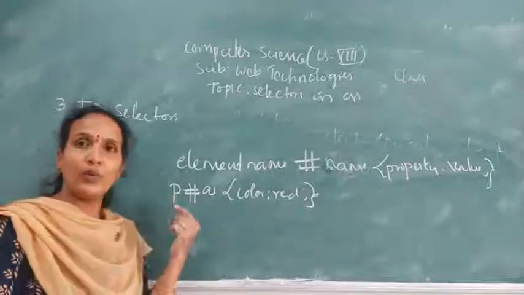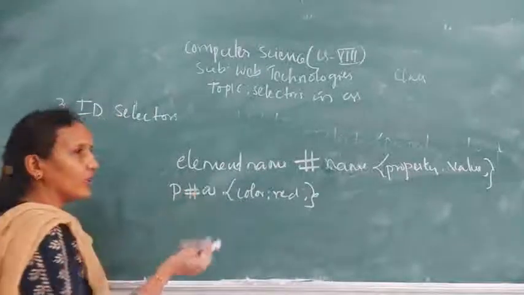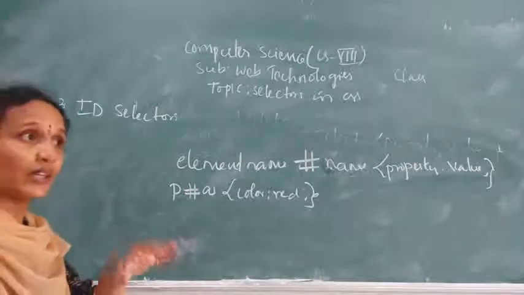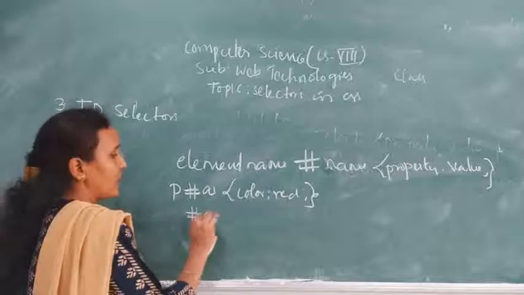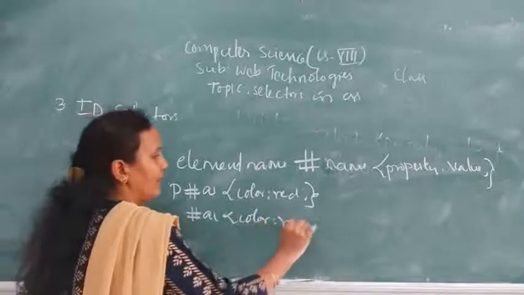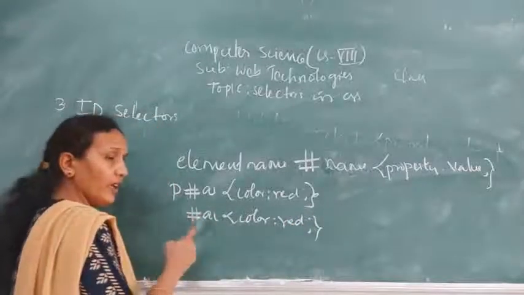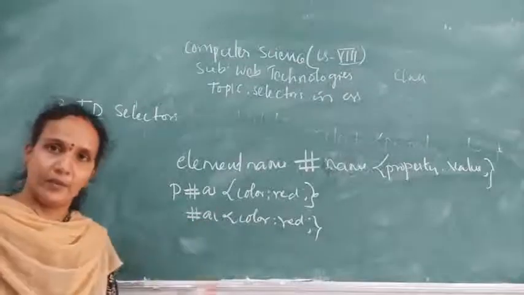If you want to create an ID not for all elements but for whichever element you want to use the property, only for that element, then we give it like this: hash A1, color red, semicolon. Here I have not created this ID for any particular element, so you can use this ID for any element.